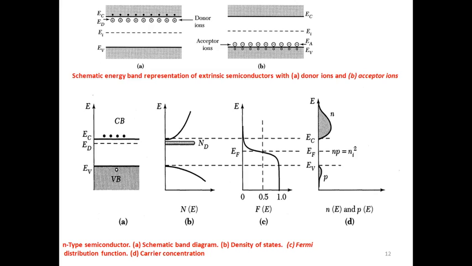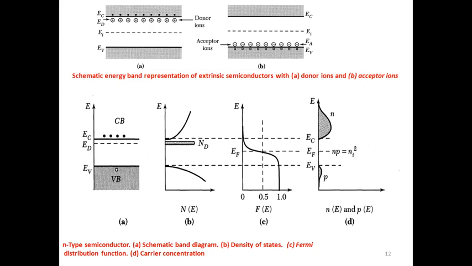Here, when we add donor impurities, the energy level shifts from EC towards ED. The first is the schematic diagram, the second shows the density of states in terms of Nd, the donor impurities, then the Fermi distribution function in C, and D shows the carrier concentration.